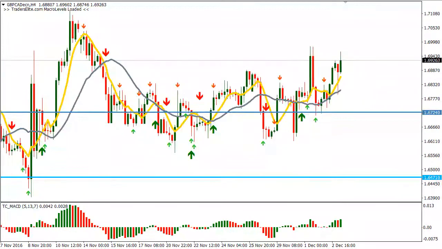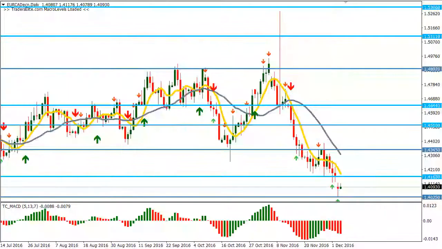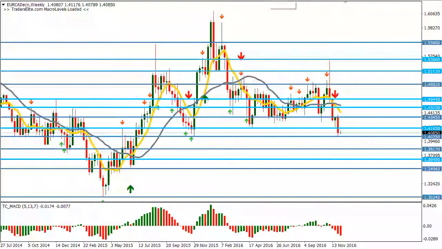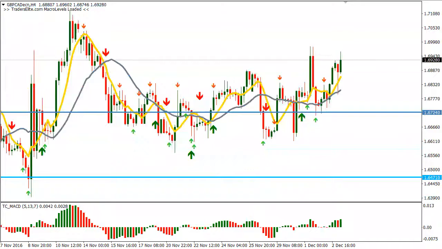Euro CAD and the pound CAD, they're very well. Let's have a real quick look. Weekly down and a new down as well, which is pretty interesting. Daily down and 4 hour down. So actually, if you were going to short anything, it'd probably be a better choice to go Euro CAD rather than the Aussie CAD because it's just so much more unidirectional.